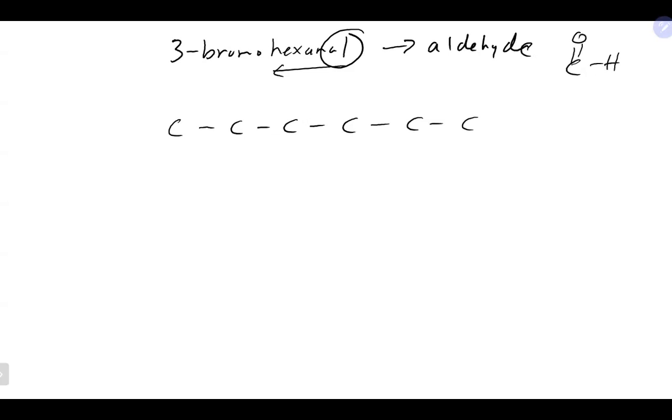Now, once again, since you are drawing, you could put that group at the very last end, or you can put it on the left side, right side, it doesn't matter. I'm going to put it at the end, but you do use the carbon that is there. So we're going to build that group off of the last carbon here at the end. We're not going to add an additional carbon, otherwise we will end up with 7 carbons, right? Too many. So we're just going to build it off of there. So that is our hexanal. And once again, because of that, it has to be carbon 1. This would be carbon 2.